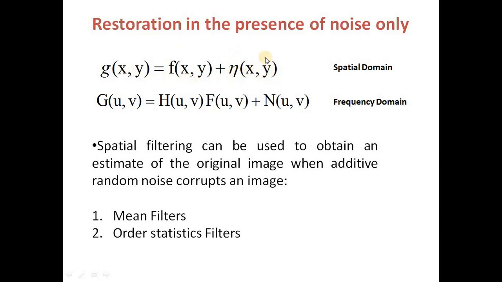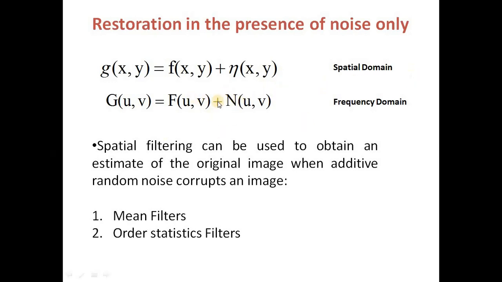That is in the spatial domain. The same equation when expressed in the frequency domain can be written as capital G of u,v equals capital F of u,v plus capital N of u,v. In a similar way, we can compare this with the general degradation model, where we expressed G of u,v equals F of u,v multiplied by H of u,v plus N of u,v.